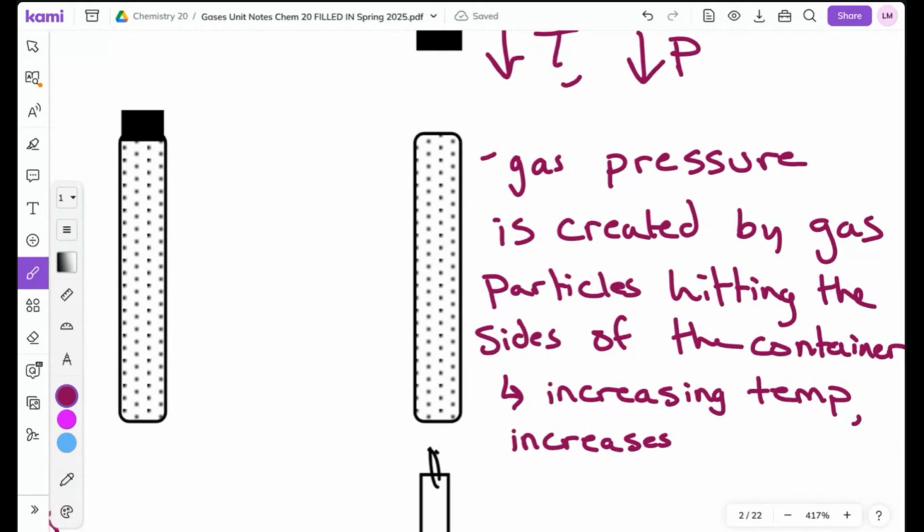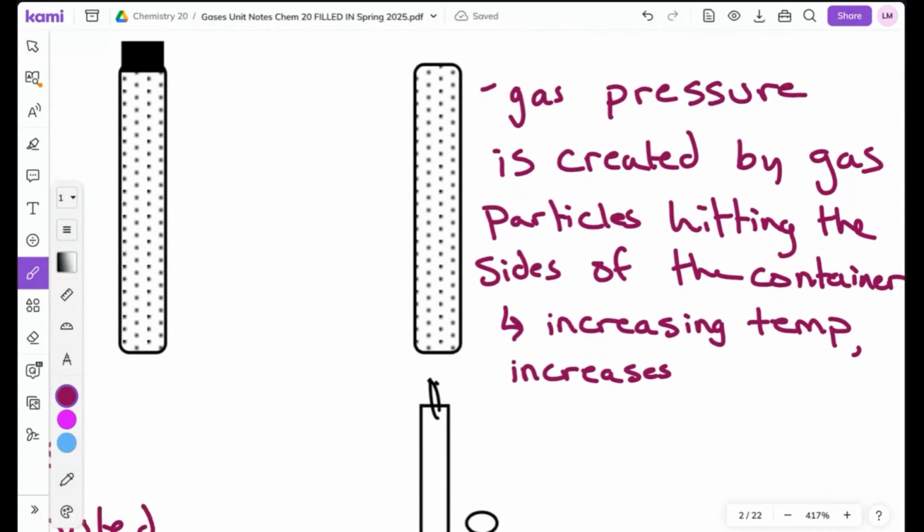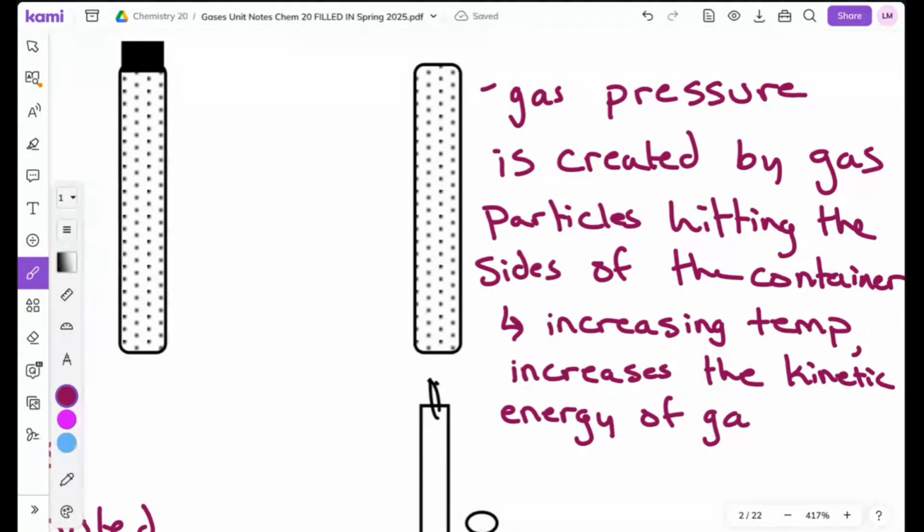Kinetic energy is just the energy of movement. So if your gas particles are moving around faster because you heated them up, then they have more kinetic energy. So increasing temperature increases the kinetic energy of gas particles.